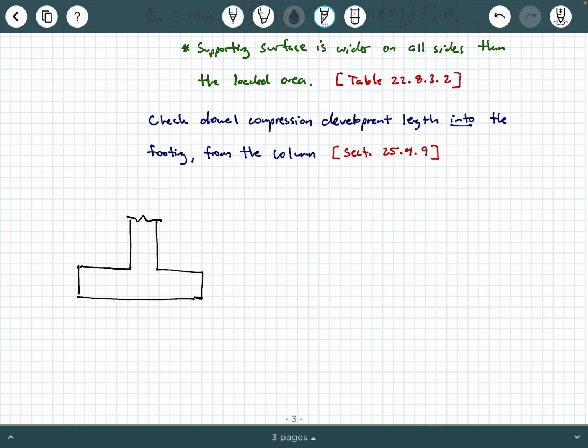So this column is bearing on the footing, okay? Now, you might have a base plate here, or you pour the column here and you have some kind of little key here. But regardless, this column is going to be bearing on the surface of the footing, all right?